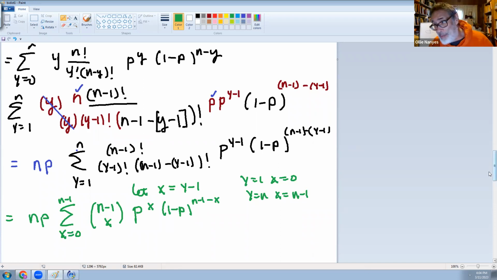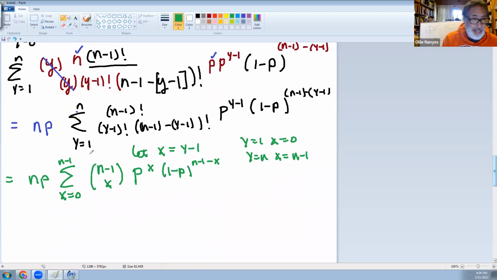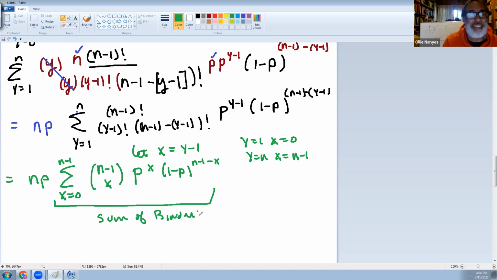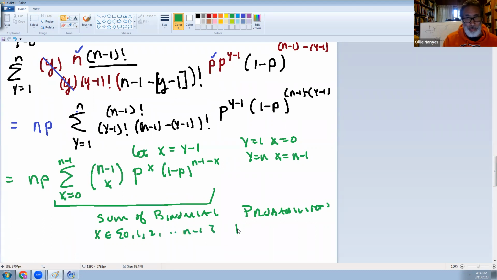And you can see what happened here. This now is just a sum of the binomial probabilities, where x is between 0, 1, 2, all the way up to n minus 1, with p as the other parameter.